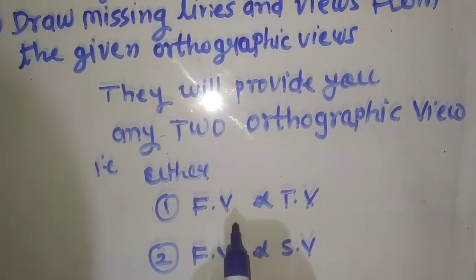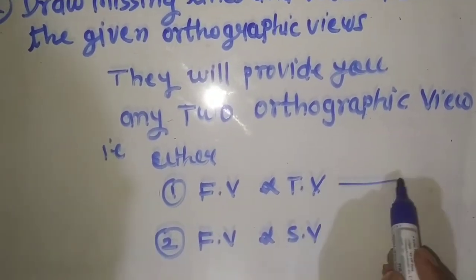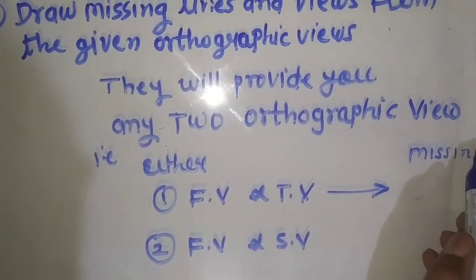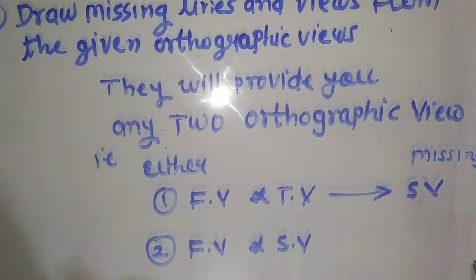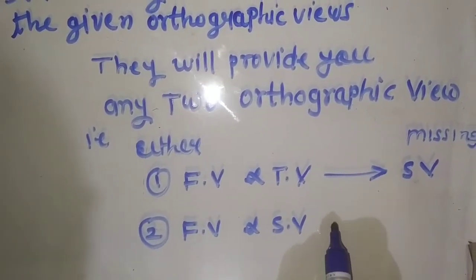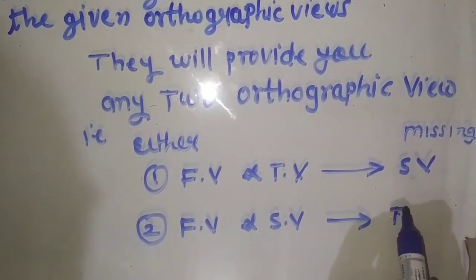In the first figure, they give two orthographic views, front view and top view, and we have to complete the missing view, which is the side view. In the second condition, front view and side view are given. Which is the missing view here? It is the top view.